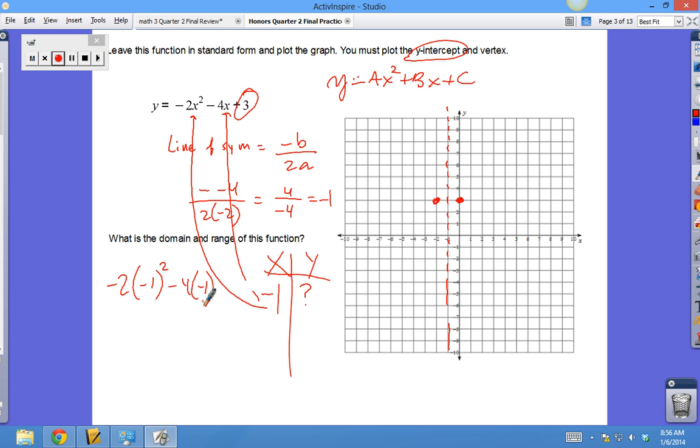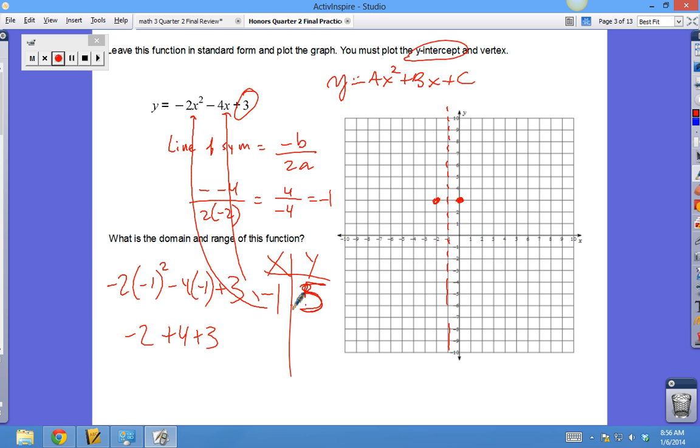So where these x's are, I'm just taking the x's and putting them in parentheses, and in place I'm putting a -1. So -1 squared is 1. 1 times -2 is -2. -4 times -1 is +4. And then plus 3. And then do that. 7 minus 2 is 5.